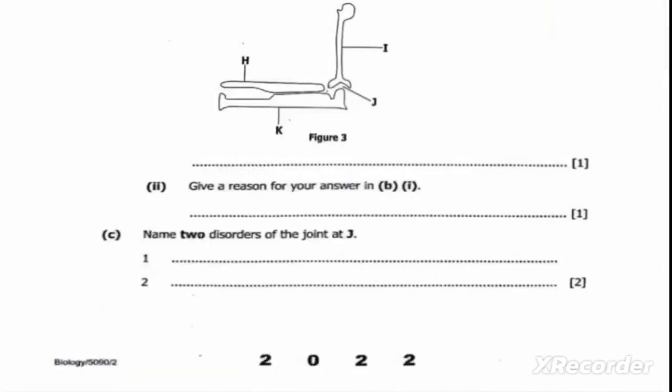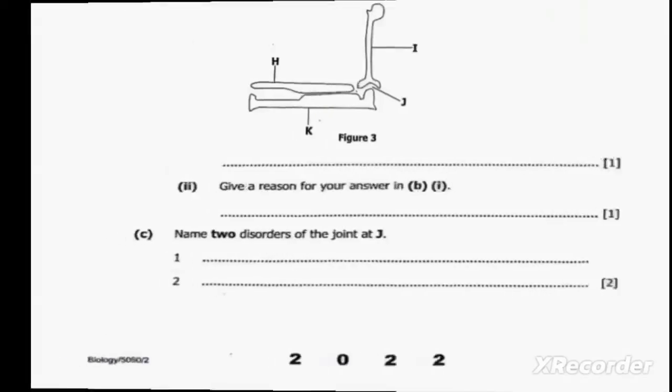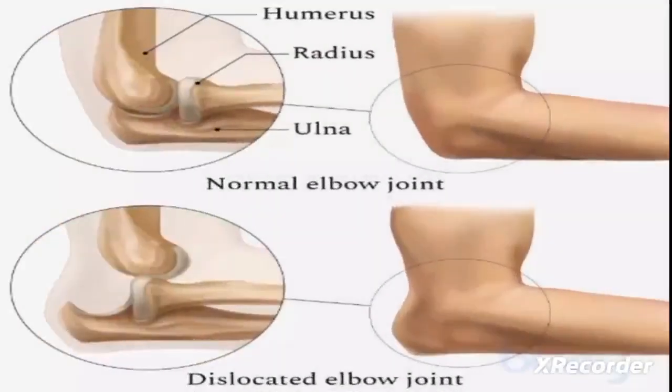The next question is question C, name two disorders of the joint at J. The two disorders of the elbow joint are dislocation and arthritis.